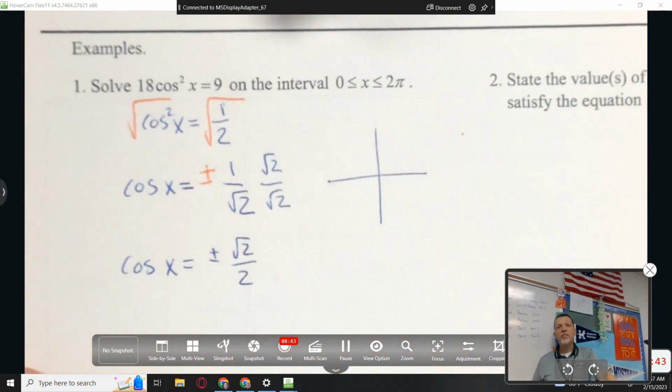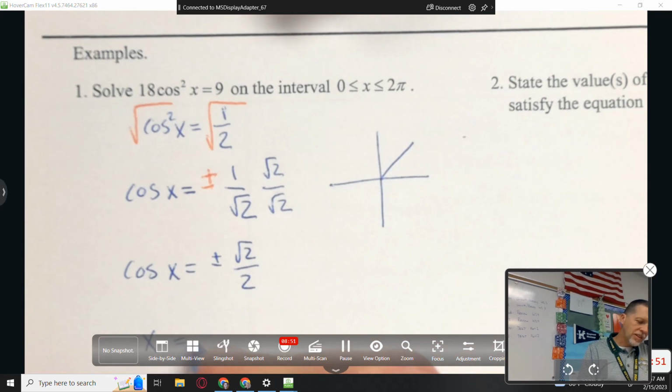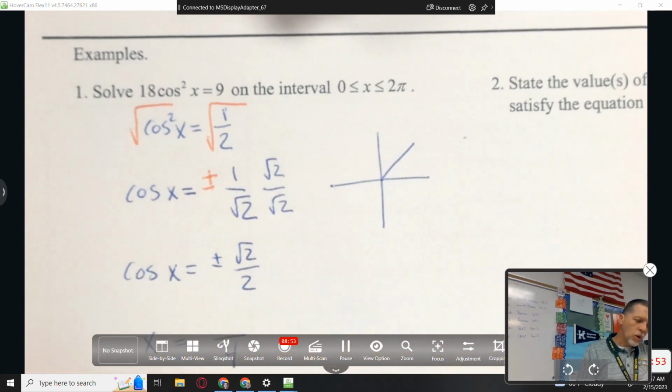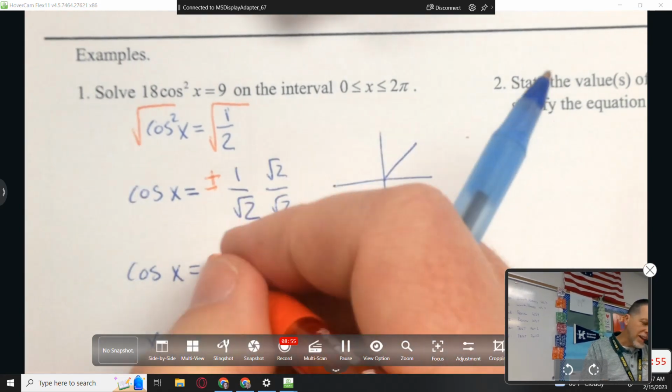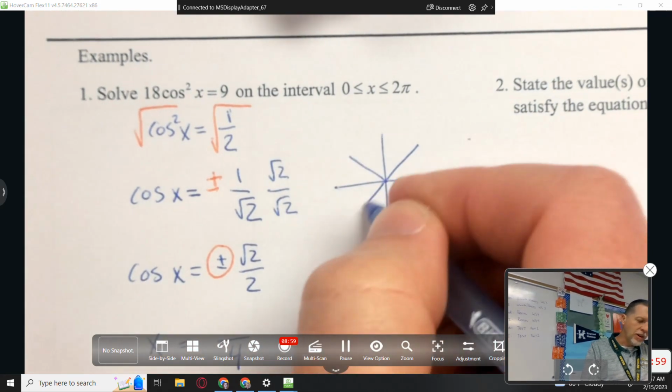What's the denominator for where the cosine is root 2 over 2? Is it shallow, middle, or steep? Middle, and so what does that mean the denominator is? 4. And because it's plus or minus, it's like, well, I don't care. It's in all the quadrants, so I need all the 4s.